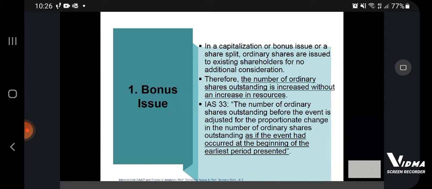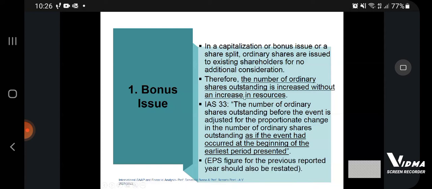So to see how the position of the investors could have been in 2020 if this bonus issue would have happened in that past period. Just for comparative reasons, okay? For having comparable information. This is, as a summarized result, the earnings per share figure for the previous reported year should also be restated.